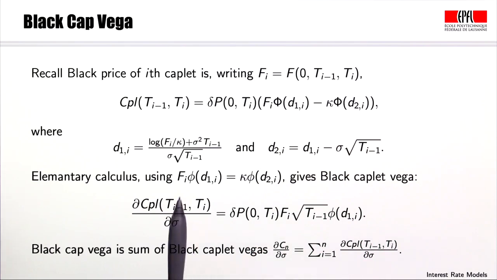Elementary calculus using this identity then gives us the following expression for the derivative of the caplet price with respect to the volatility parameter sigma, the Black caplet vega. By linearity, the Black cap vega is then simply the sum of the Black caplet vegas as shown here.